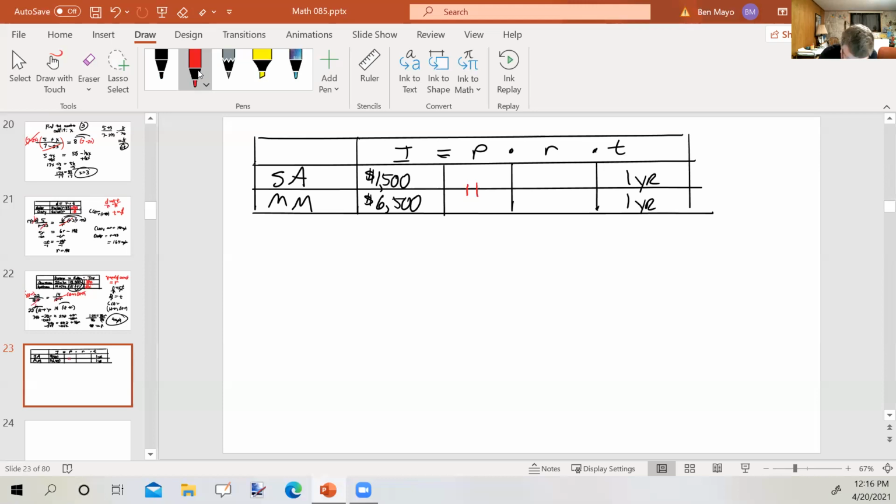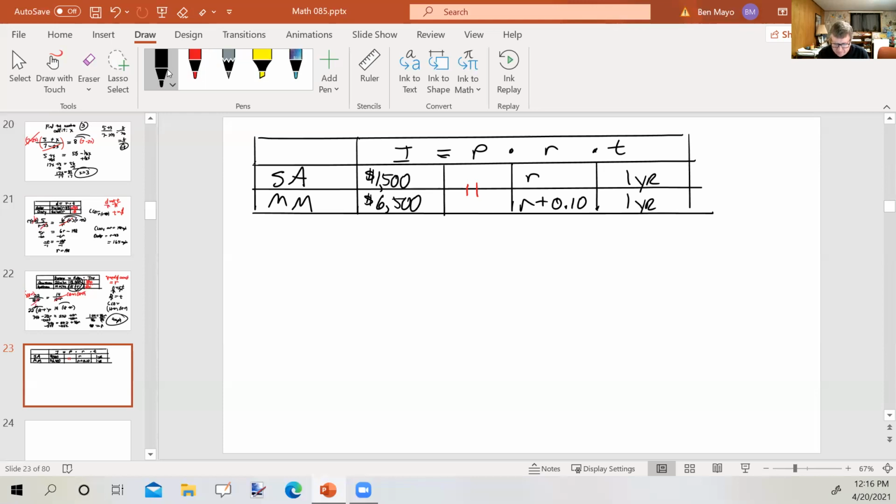So if the savings account interest is R, the mini mall would be R plus 0.10, that's 10% written as a decimal. I could have written just 0.1. I didn't need that 0 at the end, but I just wanted to emphasize it was 10%.